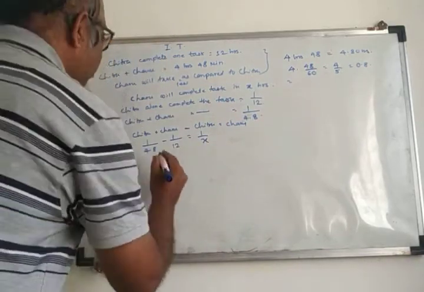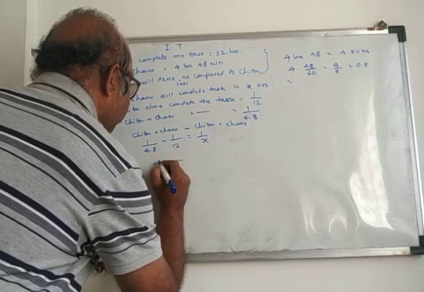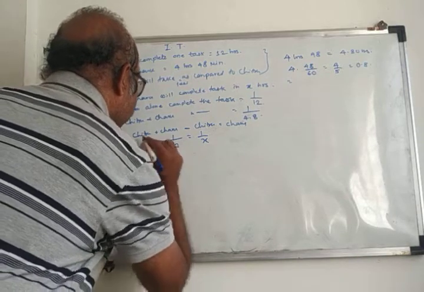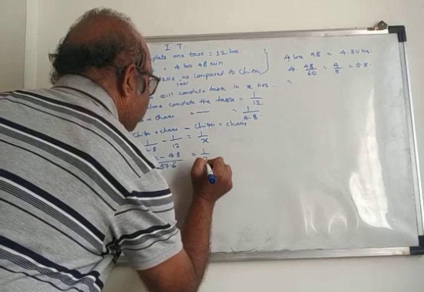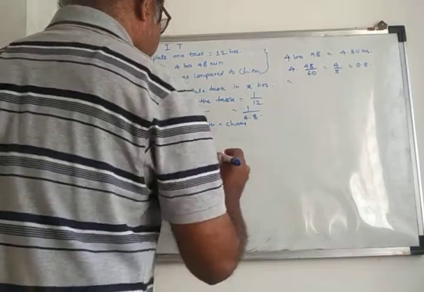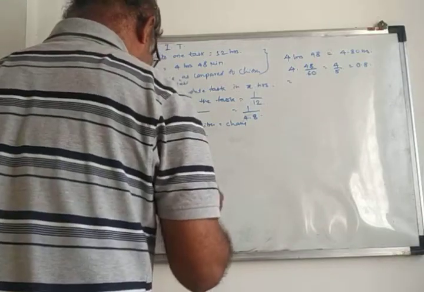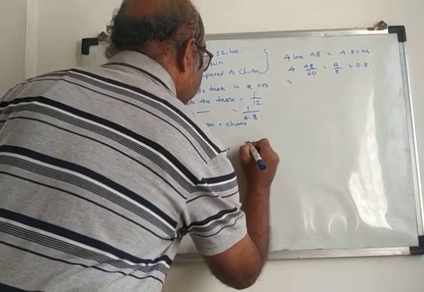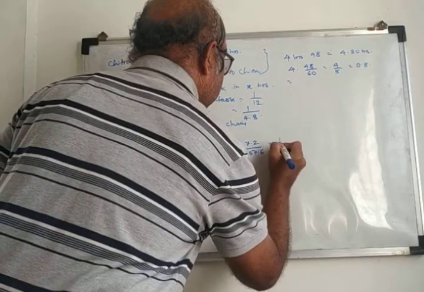Taking the LCM, 4.8 into 12 becomes 57.6, and in the numerator 12 minus 4.8 is equal to 1 upon x. It's very simple, boys, you just need to calculate it very fast. 12 minus 4.8 becomes 7.2 upon 57.6 is equal to 1 upon x.